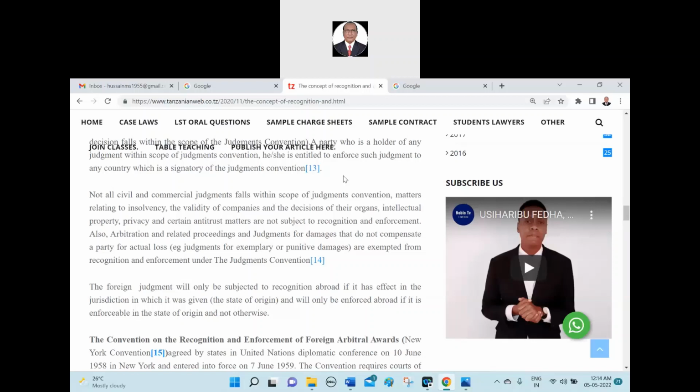So arbitration and related proceedings, and judgments for damages that don't compensate a party for actual loss, such as judgments for exemplary punitive damages, are exempted from the recognition and enforcement under the judgments convention. See, naturally, in the law of contract there are no exemplary and punitive damages.